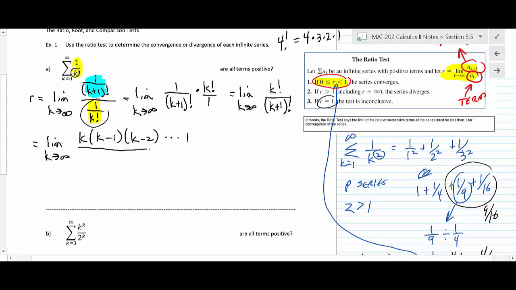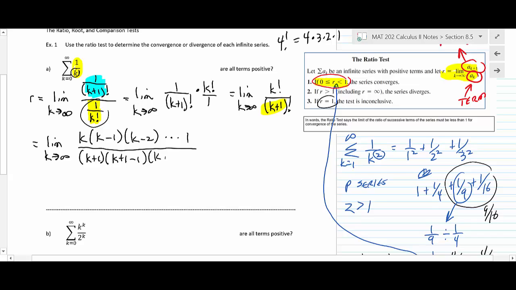Now watch the next one carefully, okay? So if you did (k plus 1) factorial, well, you always write the first term down, right? So what you would have is k plus 1, that's the first factor, correct? Now what's the next factor? It's really k plus 1 minus 1, right? Which is what? k. And then what's the next term?